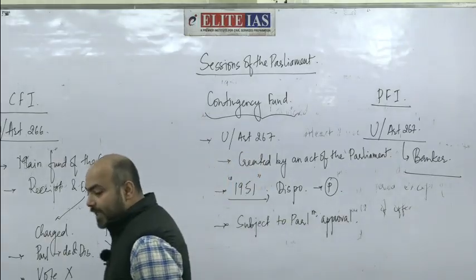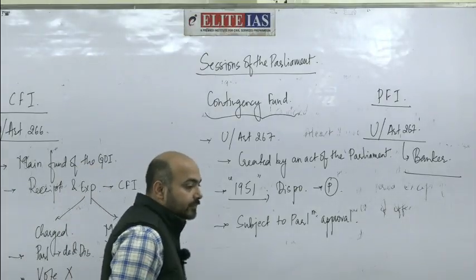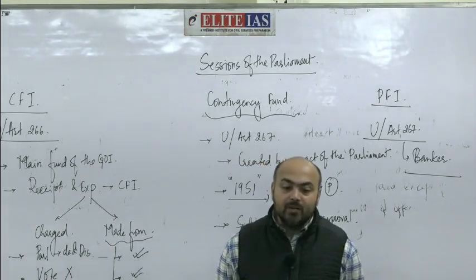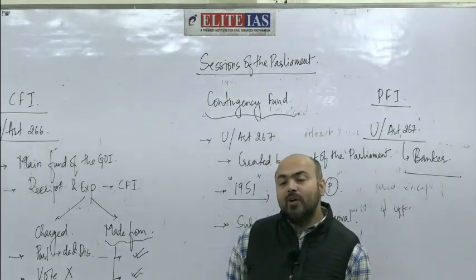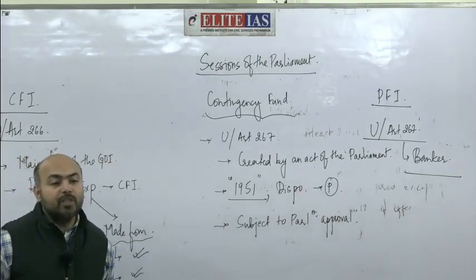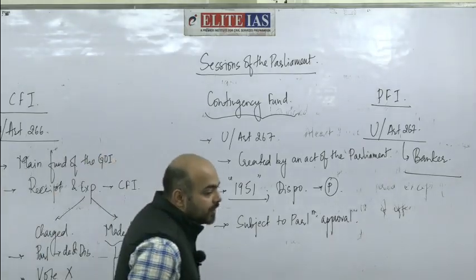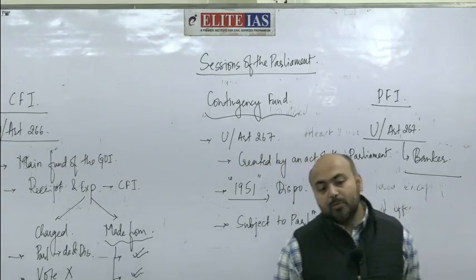Next paragraph. In such an event, the President convenes a joint sitting under Article 108, presided over by the Speaker of the Lok Sabha, and it requires a simple majority to pass the bill.